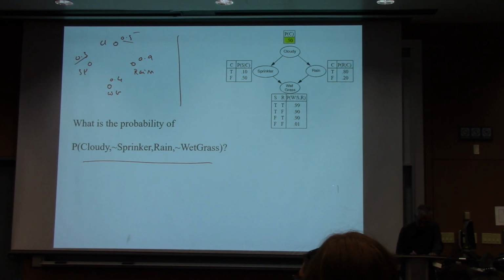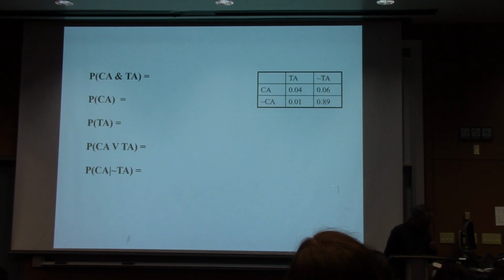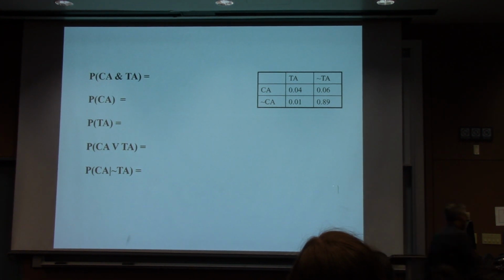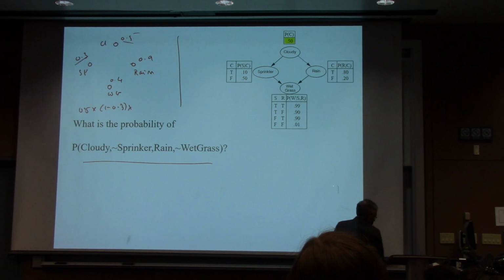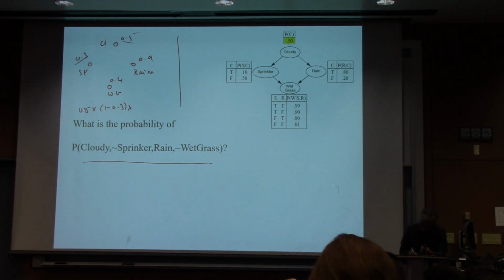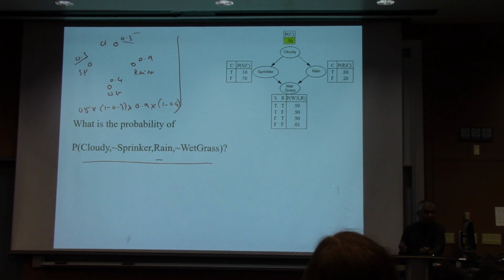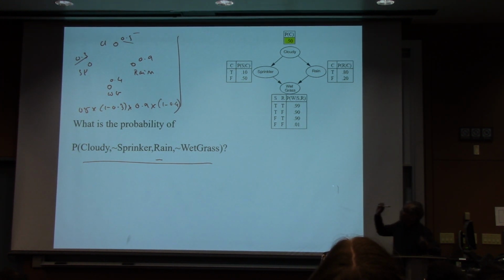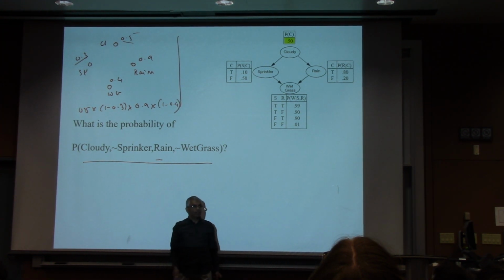It would be P of A, B, C, D, which is P of A times P of B times P of C times P of D. In this particular case, it would be cloudy is 0.5 times not sprinkler is 1 minus 0.3 times the rain, 0.9, times not wet grass is 1 minus 0.4.